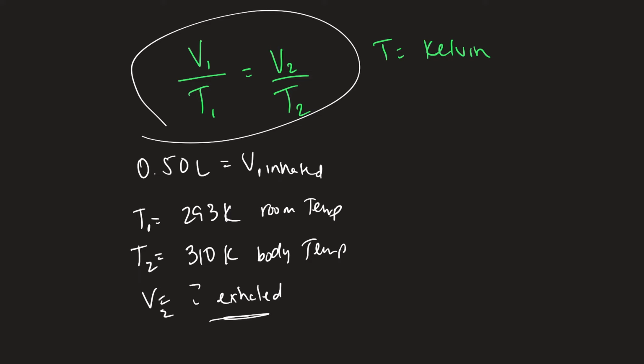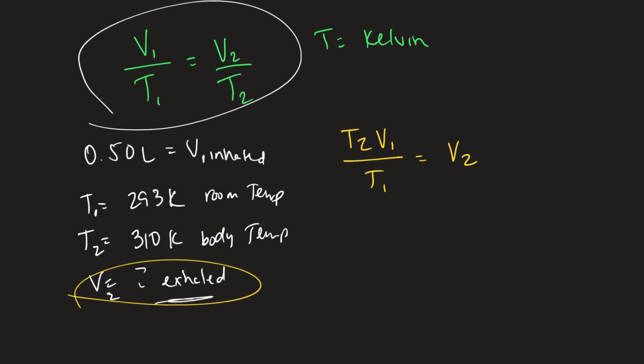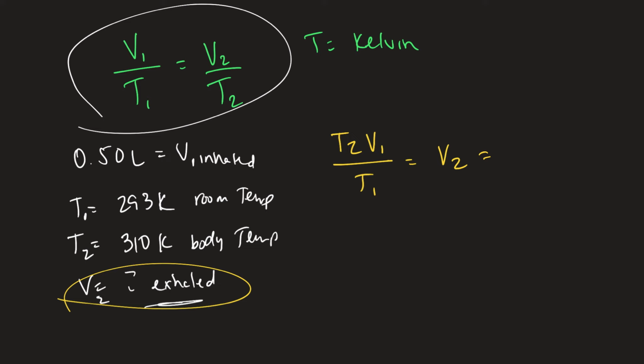When you rearrange this, you get that T2 times V1 divided by T1 is equal to V2, because we're solving for V2. Then we plug in the numbers accordingly. We have V1 here, T1's here, T2's here.